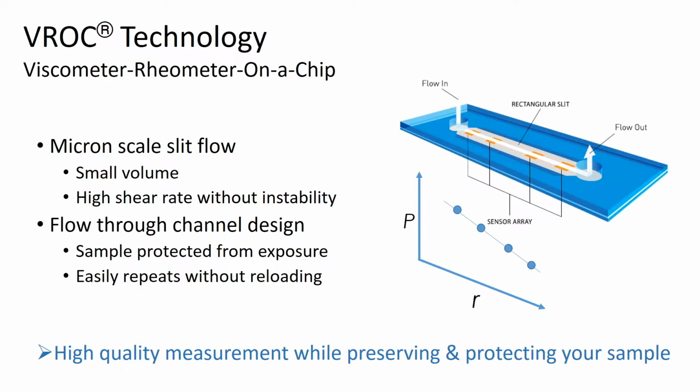The nature of the flow-through cell also allows you to easily repeat samples without reloading, so you can get multiple runs on a single sample loading. So you get very high-quality measurements while protecting your sample from the environment, eliminating any artifacts that could occur due to that, and saving your sample by requiring only very small sample volumes.